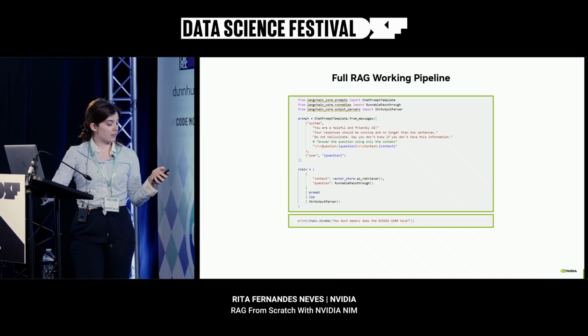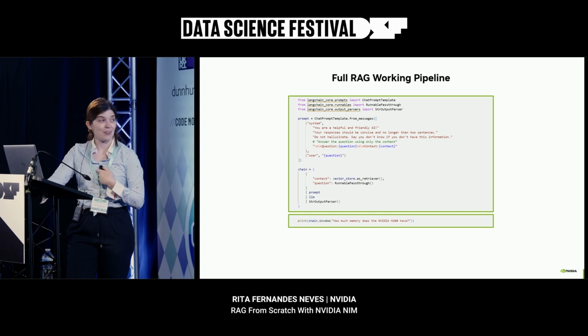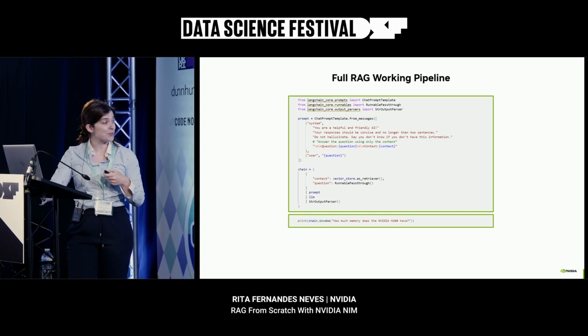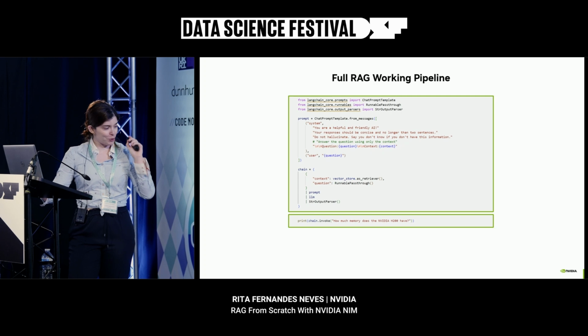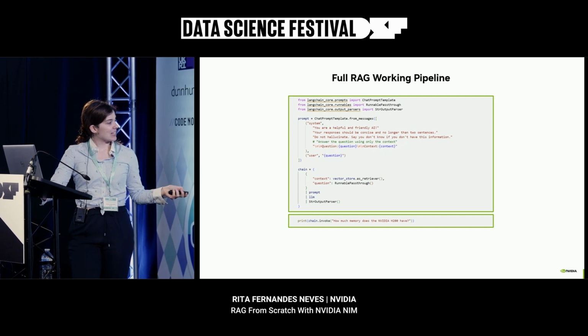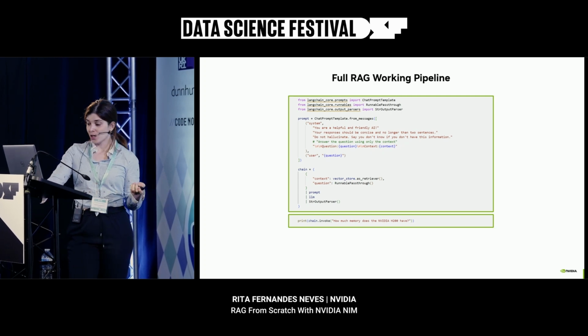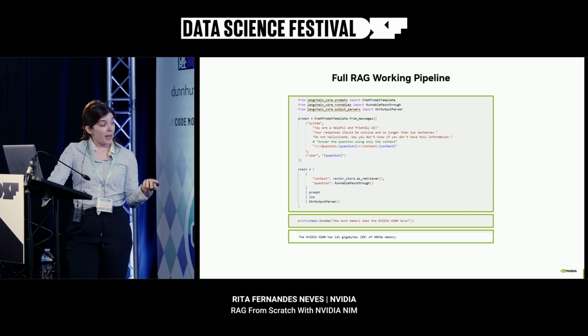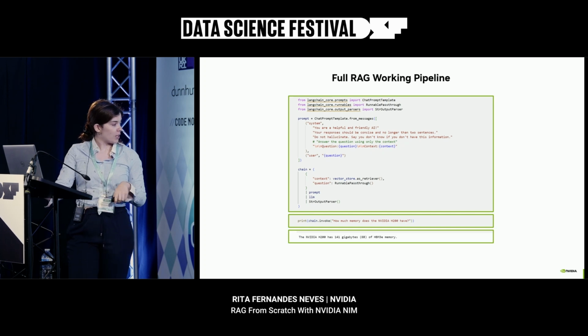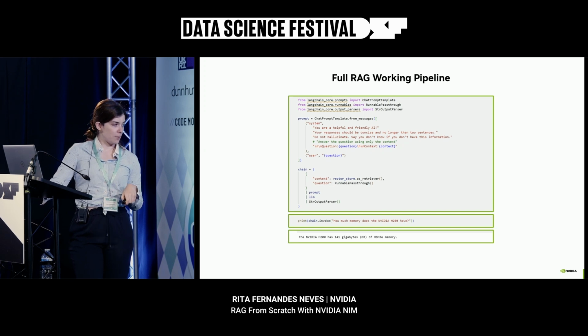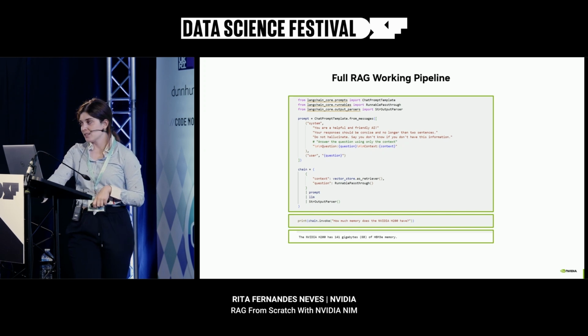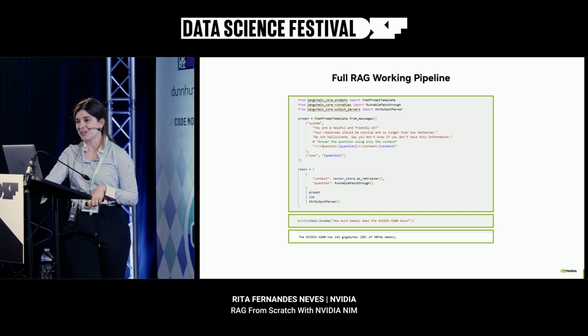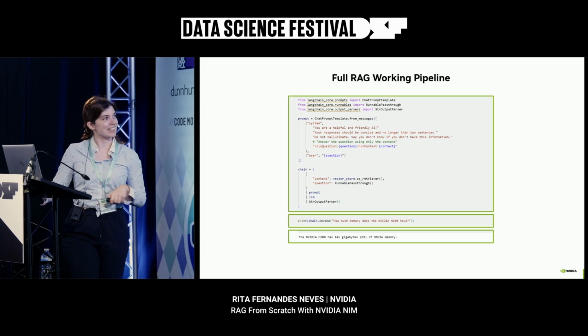So in this particular case, and you'll have to trust me on this because I don't have a live demo, but you can fully trust me. You can ask how much memory does the NVIDIA H200 have? And the response is now, the NVIDIA H200 has 141 gigabytes of HBM3E memory. And this is correct. Also, you're going to have to trust me on this, although I've shared the link.